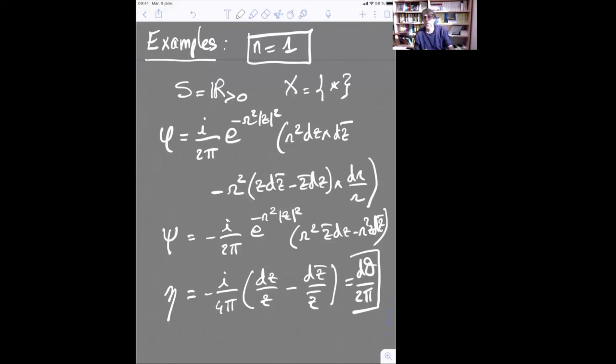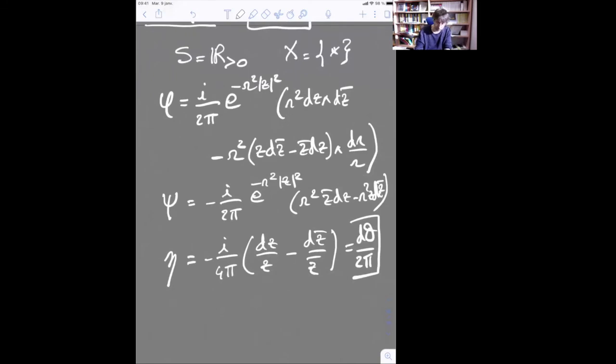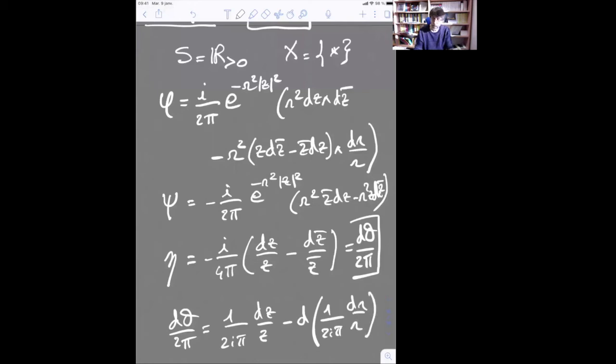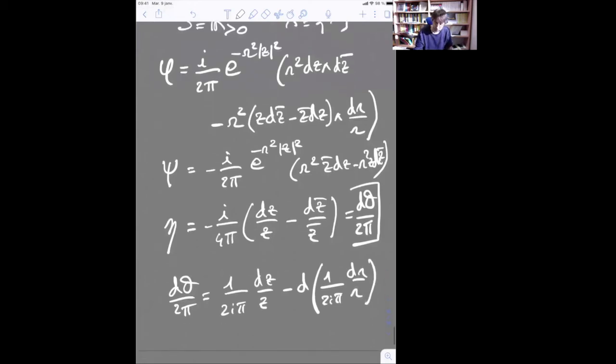which we are not surprised at this point, since it's a volume form of the one sphere, and note that d theta over 2 pi is equal to 1 over 2i pi dz over z minus some exact term, which in fact is dr over r, which is exact on C minus 0.